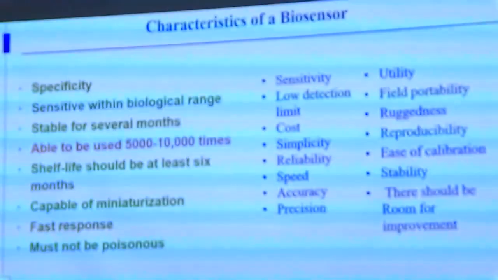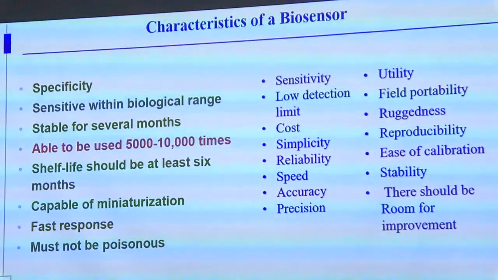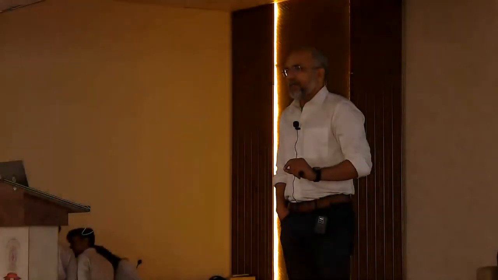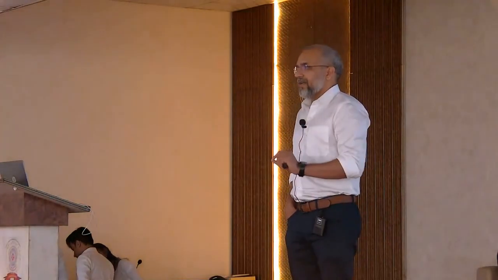So all these components must be considered. And some more components like reproducibility, ease of calibration, stability. All these things should be considered when you go for a final biosensing product. If you are doing some research and just say your sensor is very sensitive, that's okay, that's a good point. But that's not for final production, right?